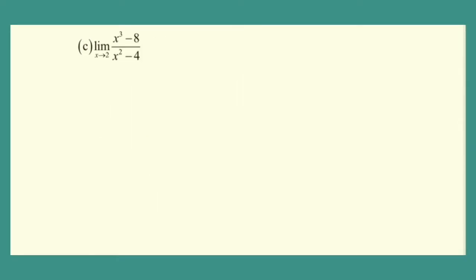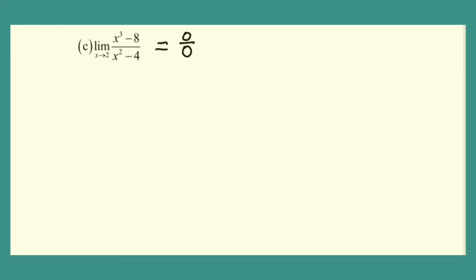Example C. Limit x cubed minus 8 over x squared minus 4 as x approaches 2. This is also 0 over 0 when we substitute x equal to 2. For the numerator, to factorize cubic function, find one of the zeros for the function.